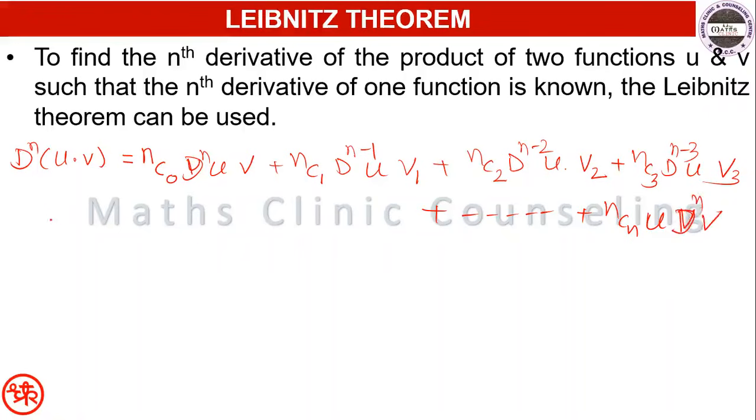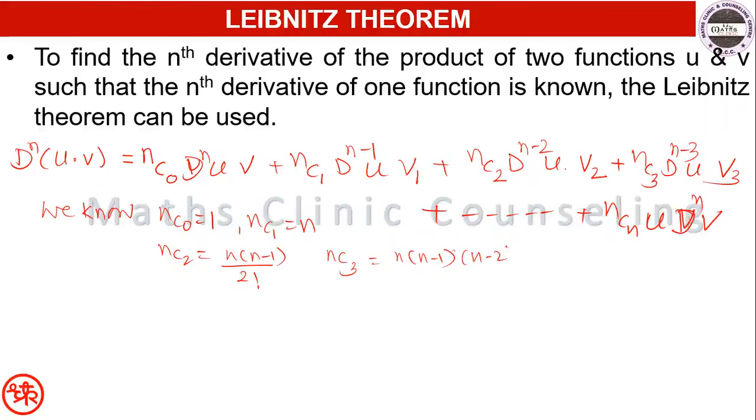We know nc0 is equal to 1, nc1 is equal to n, nc2 is equal to n into n minus 1 by 2 factorial, nc3 is equal to n into n minus 1 into n minus 2 by 3 factorial, and ncn is equal to 1.